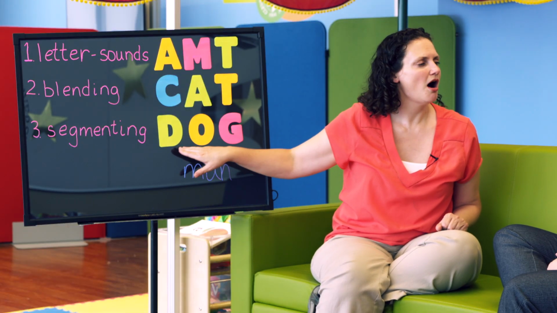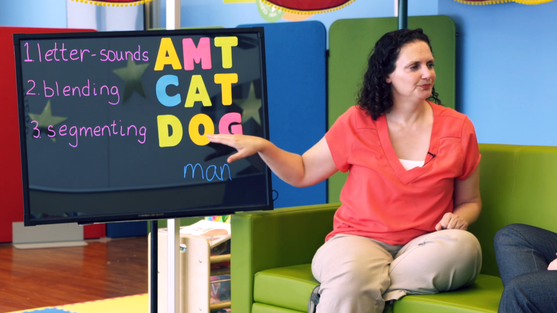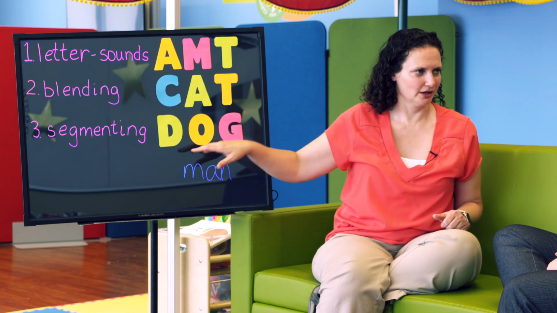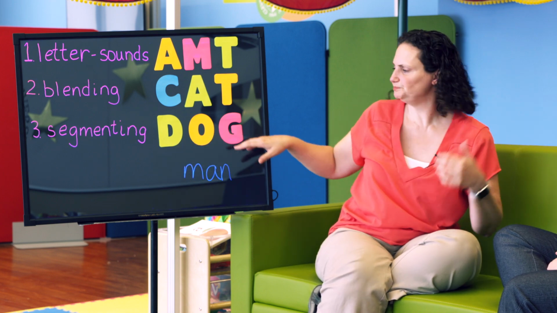D, o, g. And I hold that in my memory for a second, long enough to actually retrieve or write the letter D, write the letter o, write the letter g, or maybe pick that on my keyboard.